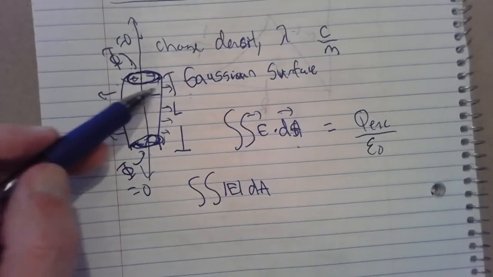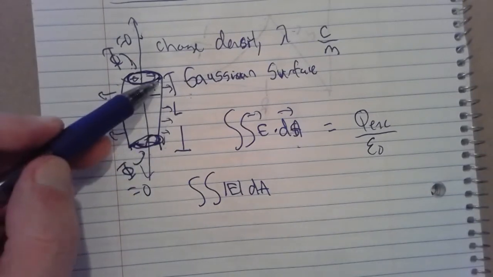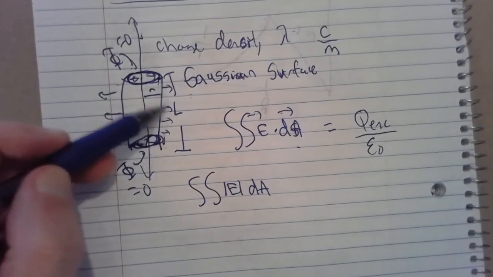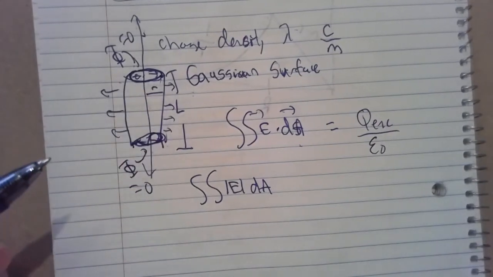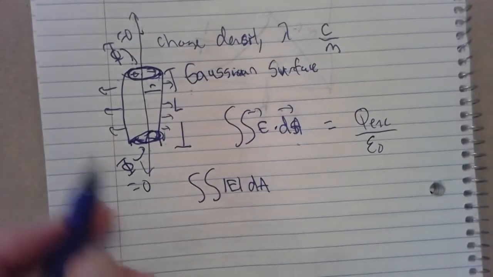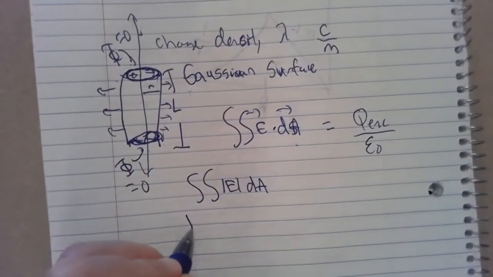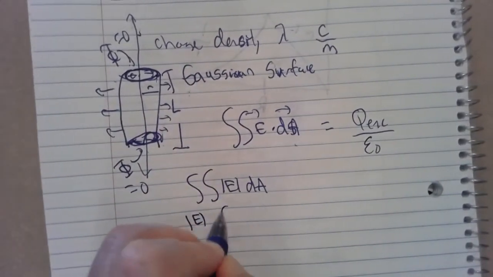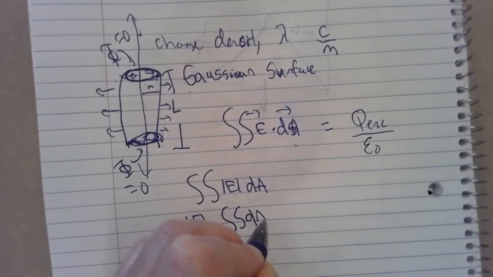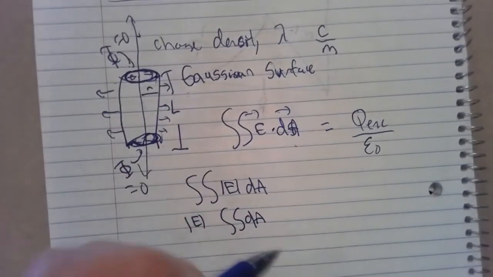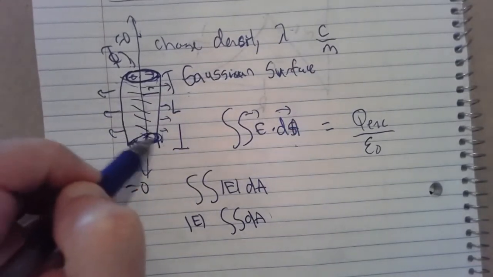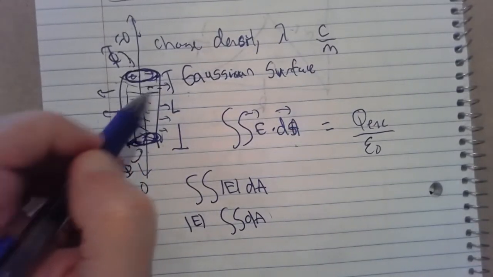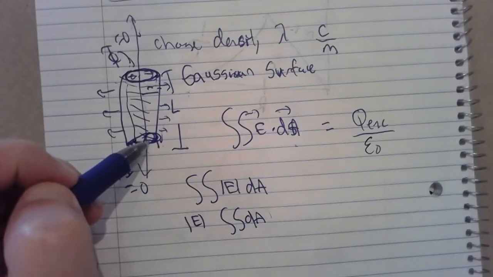The flux will just be the integral of E dot dA through the outer side of the cylinder. Since E is constant along that, I can pull the E out and I get the integral of dA. That's the surface area of the side of the cylinder without the top or bottom.